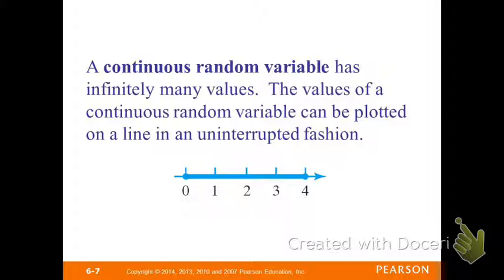We can get as detailed as we want to about a person's weight. For example, a person could weigh 231 pounds and 6.285739 ounces, right? We can get as specific as we want to. If we can break it down farther and farther, then it's a continuous random variable and not a discrete random variable.